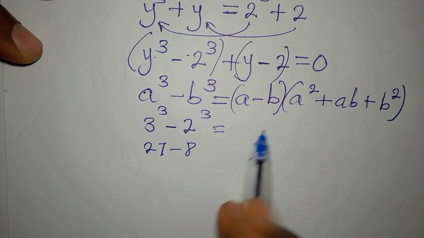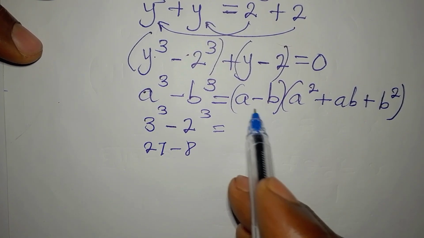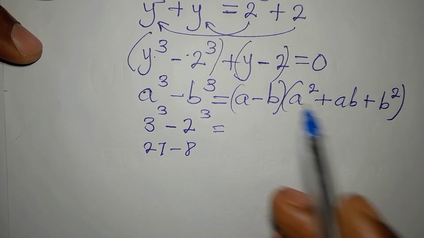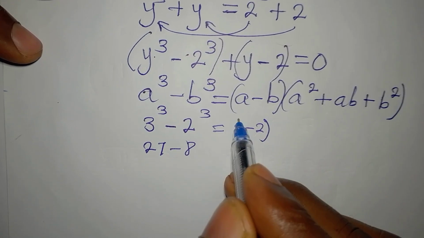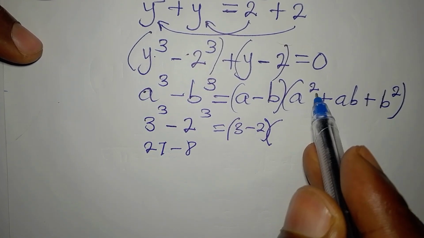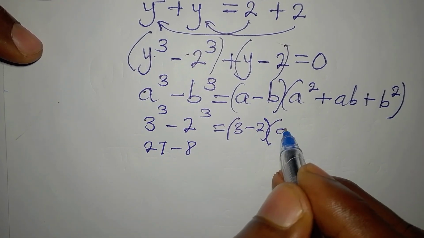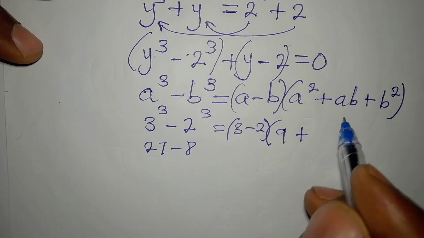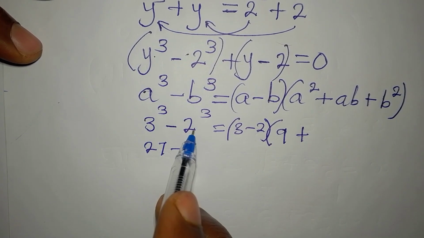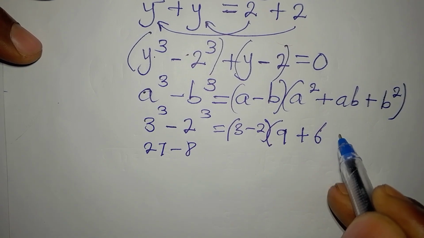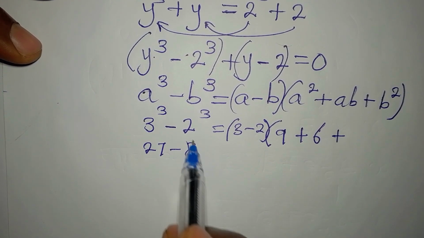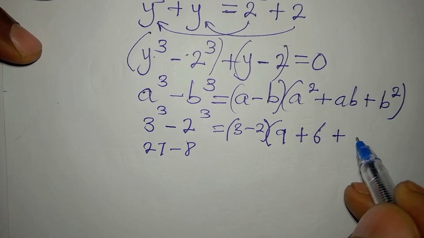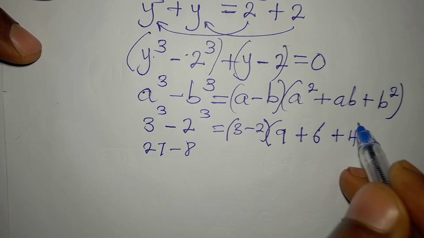Now let's express this in this form. A minus b will now be 3 minus 2. So we write 3 minus 2 into a squared, that will be 3 squared, and it's 9, plus ab, that's going to be 3 times 2, and that is 6. Then plus b squared, which is going to be 2 squared, and it is 4, right?